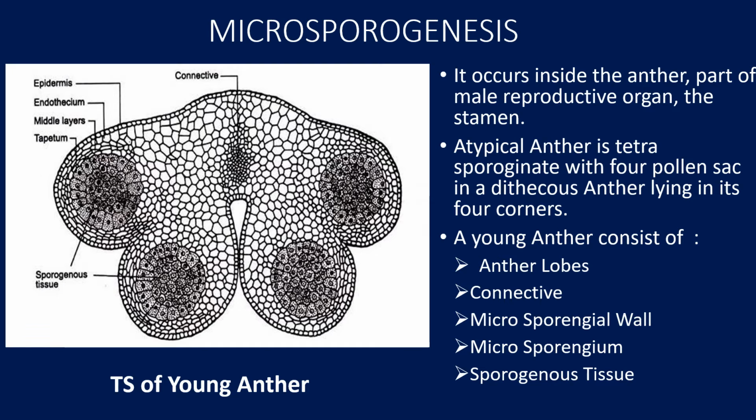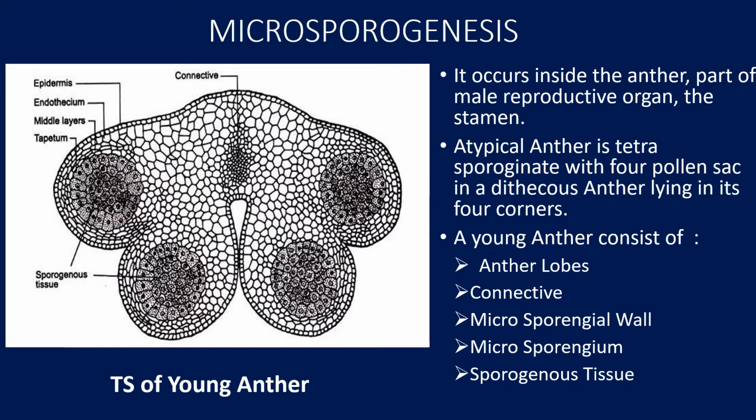Now, as you all learned earlier, the anther is nothing but the male reproductive part called the stamen. A typical anther is tetrasporangiate, with 4 pollen sacs in a dithecous anther, lying in its 4 corners.